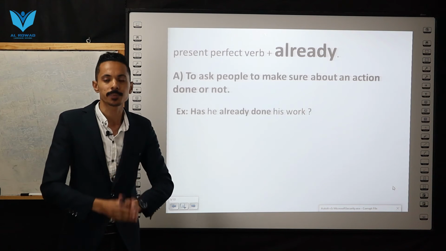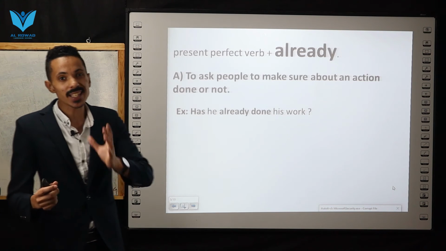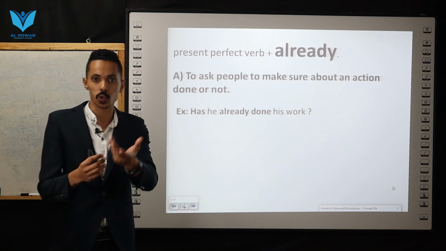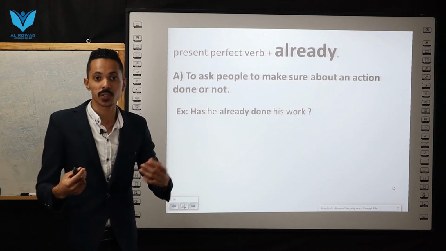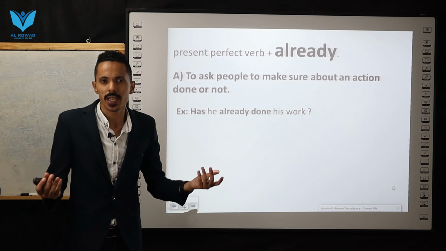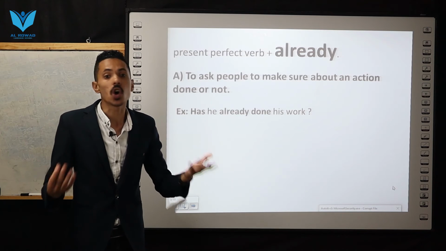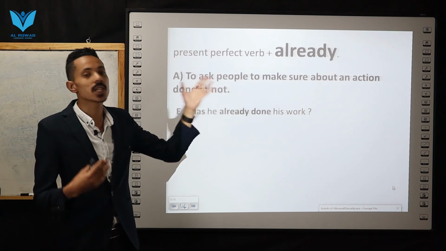And also here, if you want to ask about something, if it's really done in the past or not, you want to make sure, like if you are a teacher and you want to make sure if your students have done their homework or not, you will use the present perfect plus already.